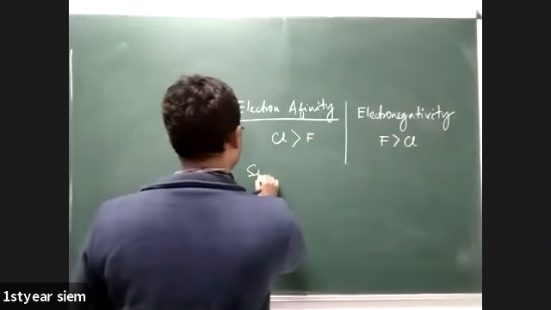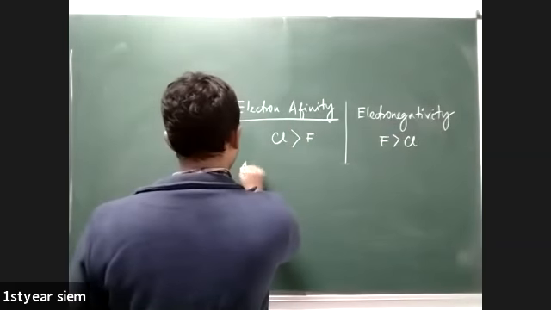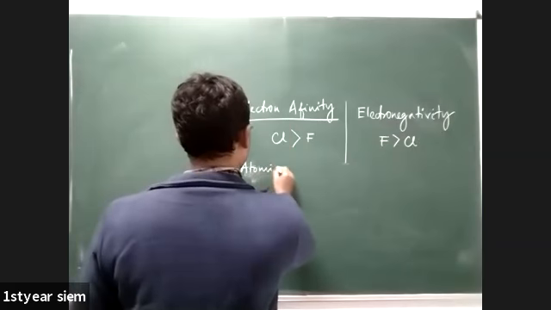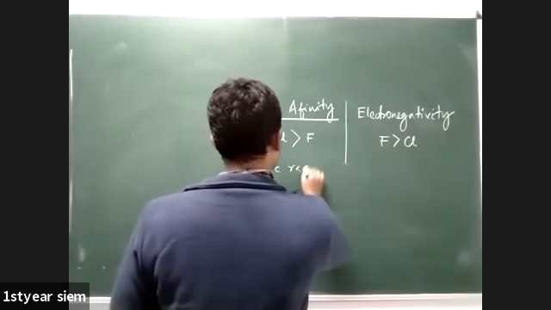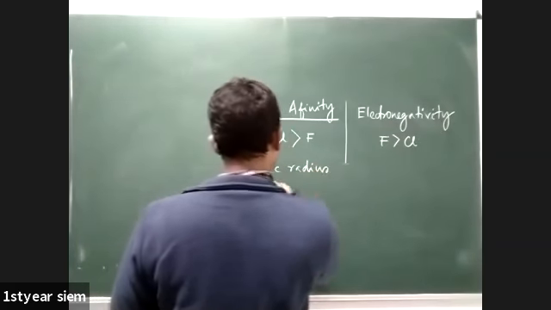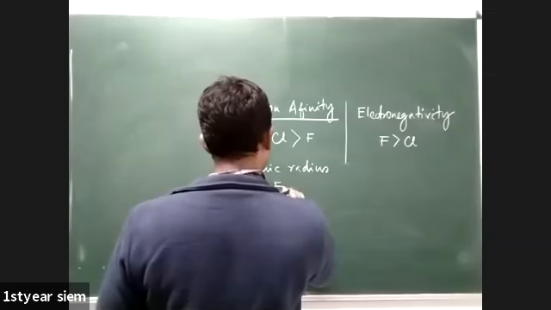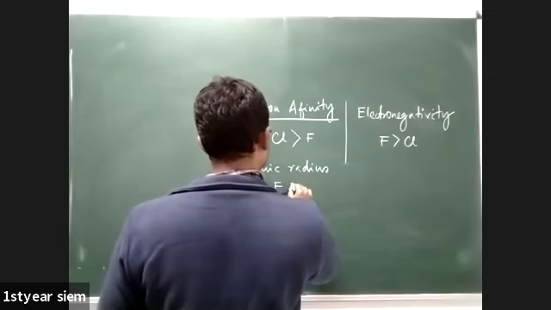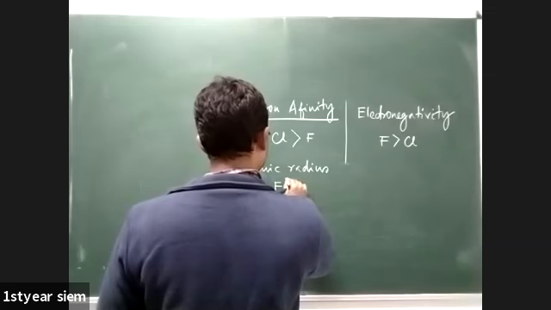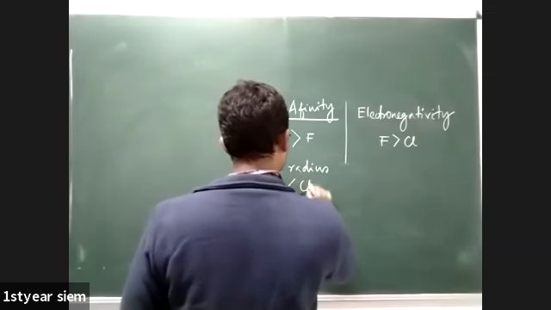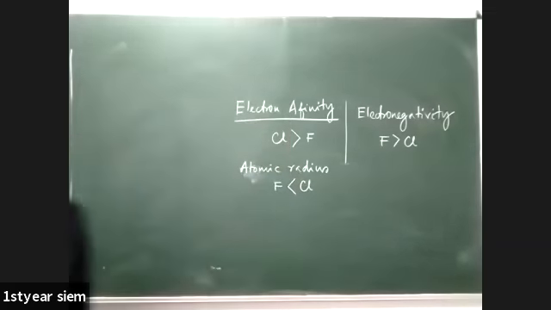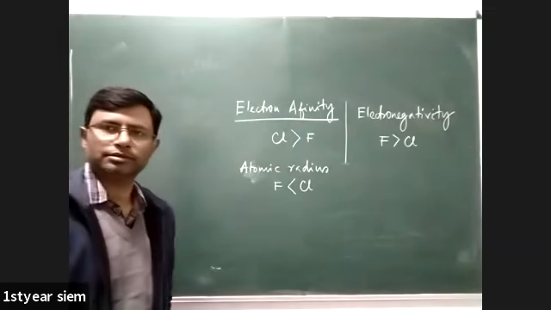Size, atomic radius: the atomic radius of fluorine is less than chlorine, right? Yes, sir.